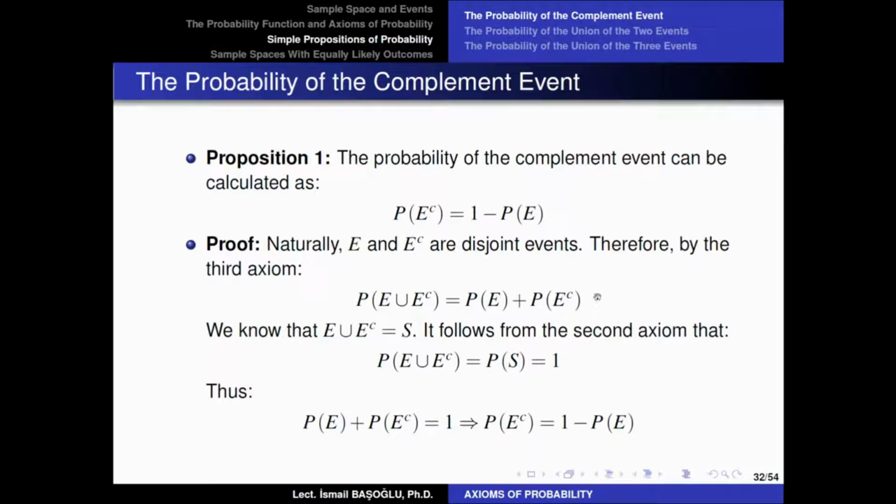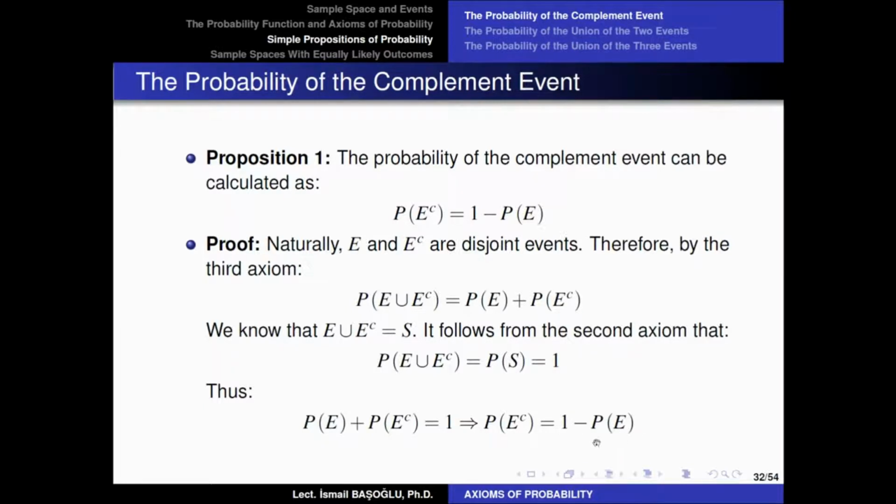Now, the above equation is forced by the additivity axiom, and the second equation here is forced by the unitarity axiom. We can combine these two facts and say that the probability of E plus probability of E complement must be equal to 1. And accordingly, we get the above equation: the probability of the complement event is equal to 1 minus probability of the original event.